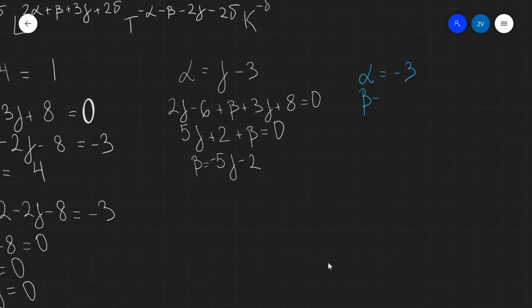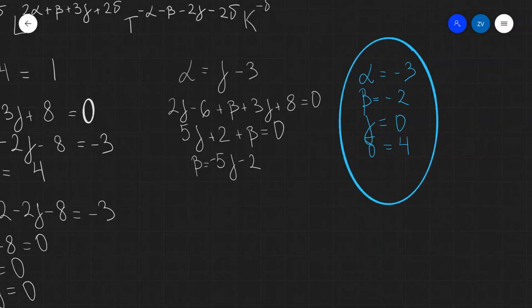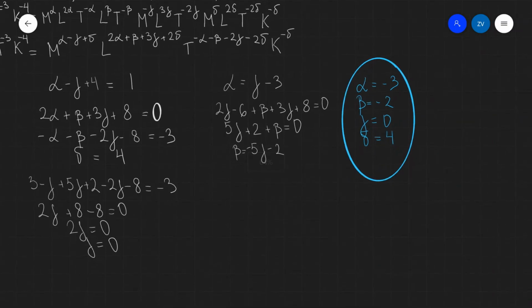Beta will be minus 5 gamma minus 2, so that's just going to be minus 2. We know that gamma is 0, and finally sigma, like so. Well, we know that this is 4 from the beginning of the problem. So we've almost solved this problem.